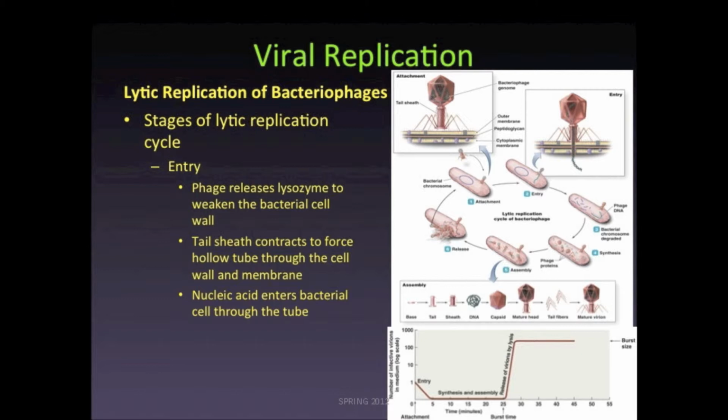Within the sheath is a hollow tube that penetrates the cell wall where it was weakened with lysozyme and then the cell membrane. This allows the nucleic acid to move from the icosahedral head through the hollow tube into the cell. The action is very similar to that of a hypodermic syringe. Following entry, the nucleic acid resides within the host cell and the capsid remains outside.